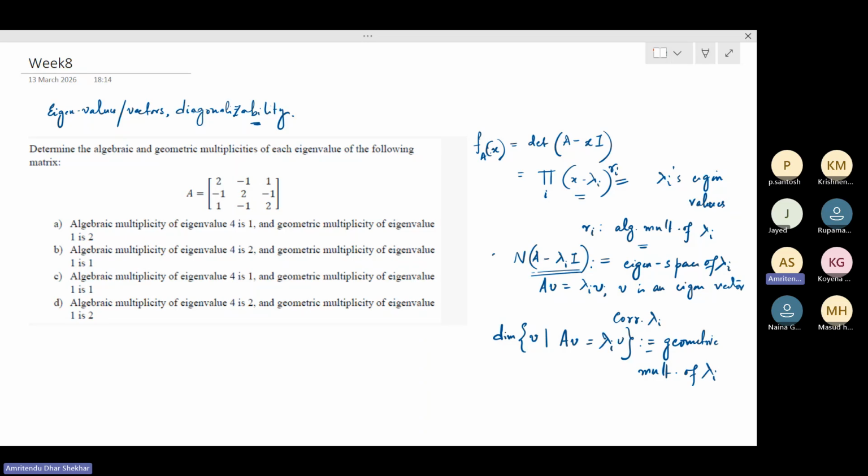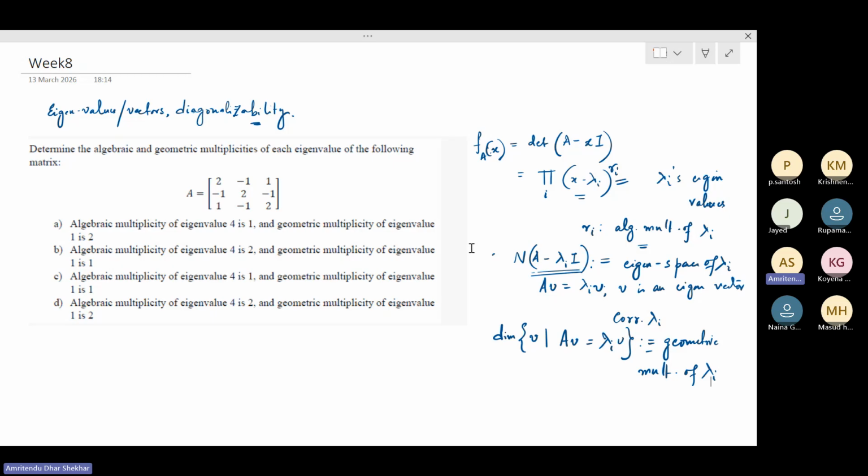So first, let's look at this particular problem. You're given this matrix, and you have to solve for the eigenvalues of A. It's given that the eigenvalues of A are 4 and 1 respectively.